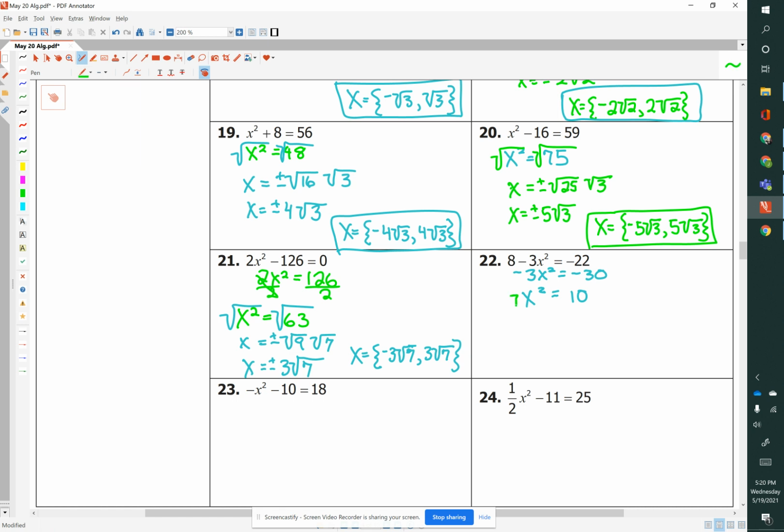And we'll take the square root of x squared and 10. And we can't really do anything with 10. So x is going to equal plus or minus the square root of 10. So that's our final answer. Let's put that in set notation.